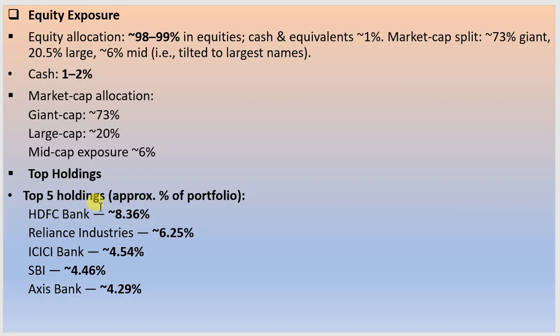Top 5 holdings, approximate percentage of portfolio: first is HDFC Bank 8.36%, Reliance Industries 6.25%, ICICI Bank 4.54%, SBI 4.46%, and Axis Bank 4.29%.